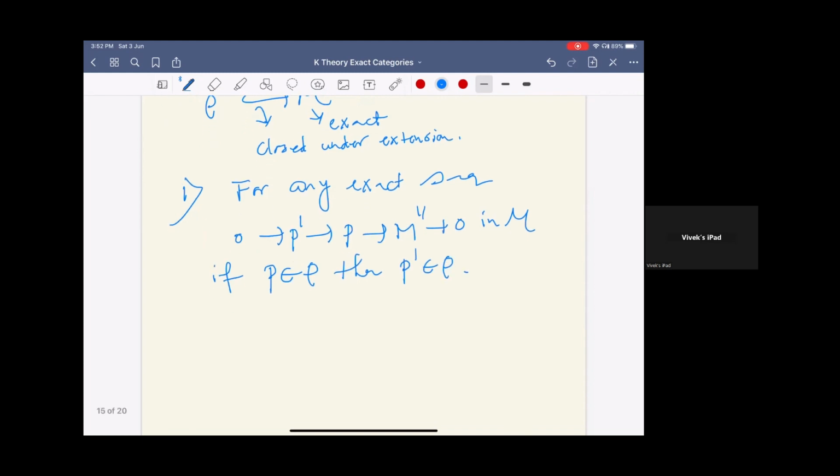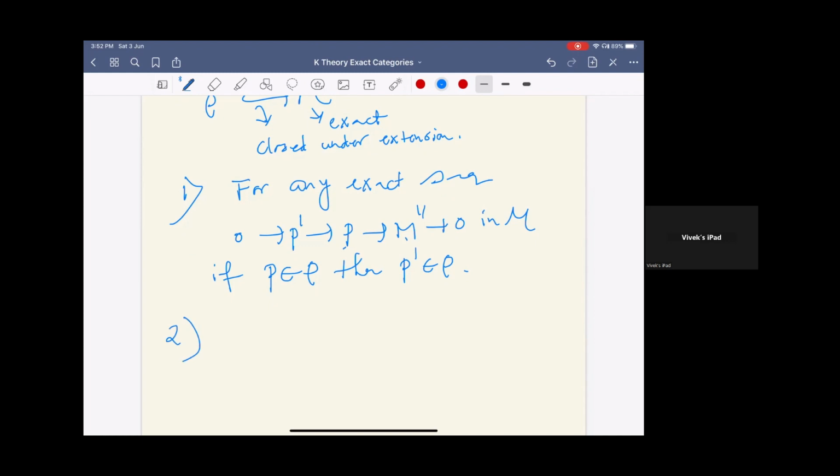So note that this is stronger than closed under kernel. In closed under kernel, we demand that these two are in rho, then P prime is in rho. But here, only if P is in rho, then P prime is in rho.